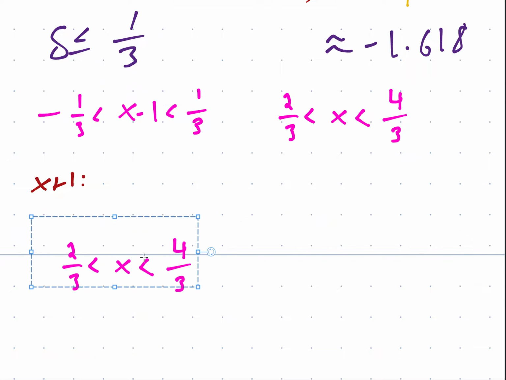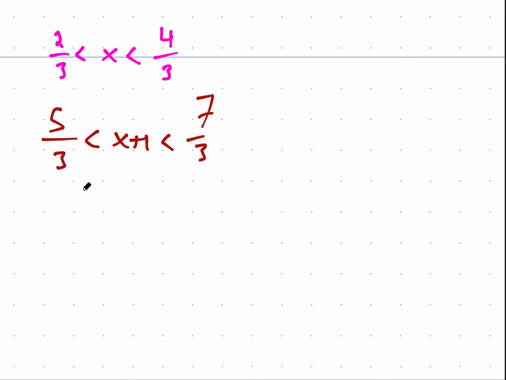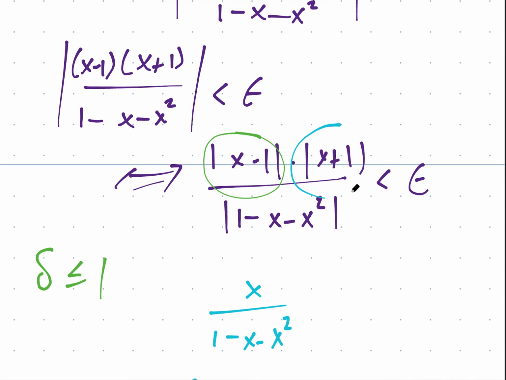And how can we do that? Well, by reproducing it here and adding 1 to all sides, we get 5/3 is less than x plus 1, which is less than 7/3, which means that the absolute value of x plus 1 is less than 7/3. Simple enough. So we can box this right now and circle it here, because we took control of that.